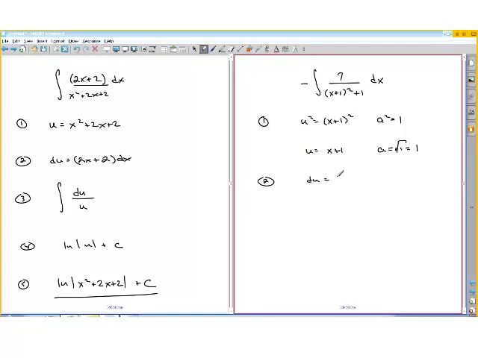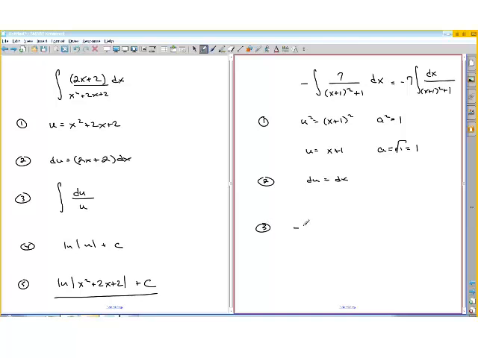Step 2 is to calculate du. So du is equal to dx, because the derivative of x is 1 multiplied by dx, and the derivative of 1 goes to 0. We look back at the original equation, and we're going to factor out the constant before we do the substitution.